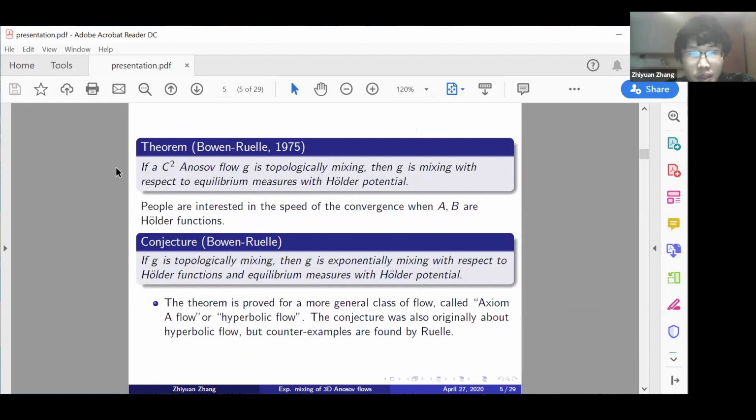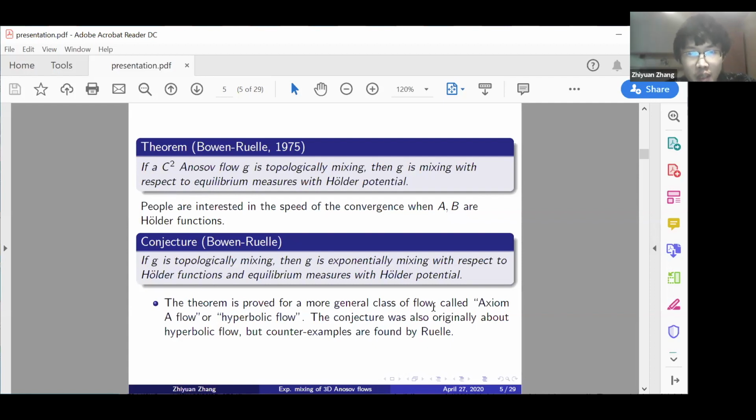there's a result of Bowen and Ruelle. They show that for a C2 Anosov flow which is topologically mixing, g is mixing with respect to the equilibrium measure with Hölder potential. What they proved is actually more general.